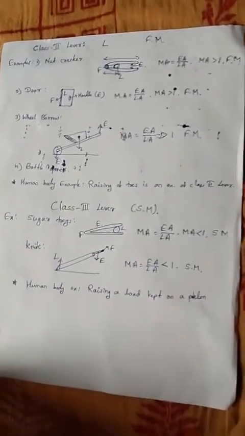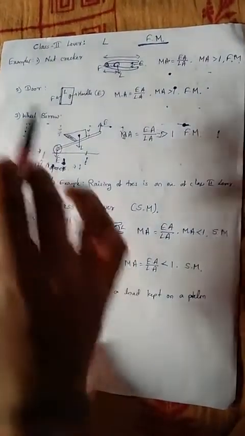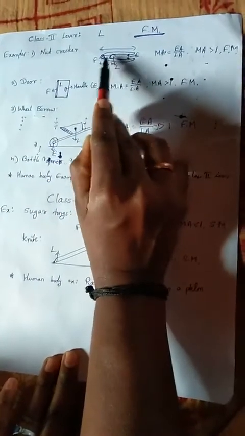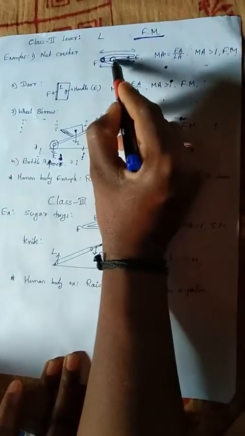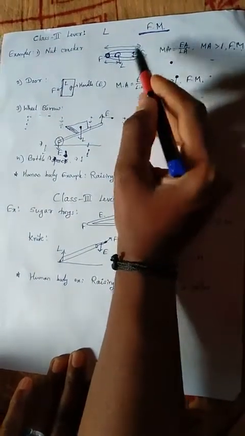And next is the class 2 lever. The class 2 lever always acts as a force multiplier. For example, a nutcracker. In this nutcracker, this portion acts as the fulcrum, this one is the load and here is the effort.